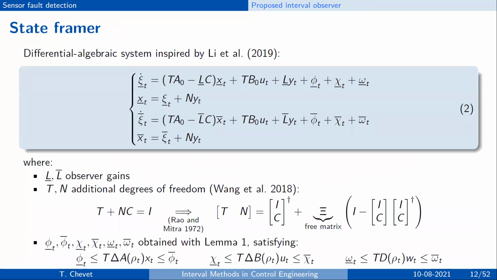Therefore, we propose the following differential algebraic system as a framer for our states. So we have a differential part and an algebraic part, where in the differential part we have elements that are bounds for the uncertainties on the model and on the perturbation acting on the system.